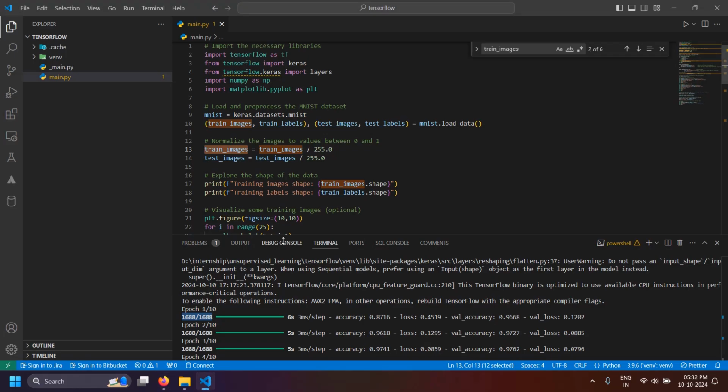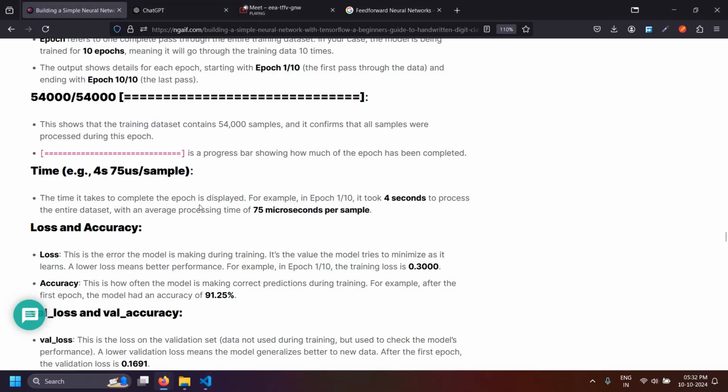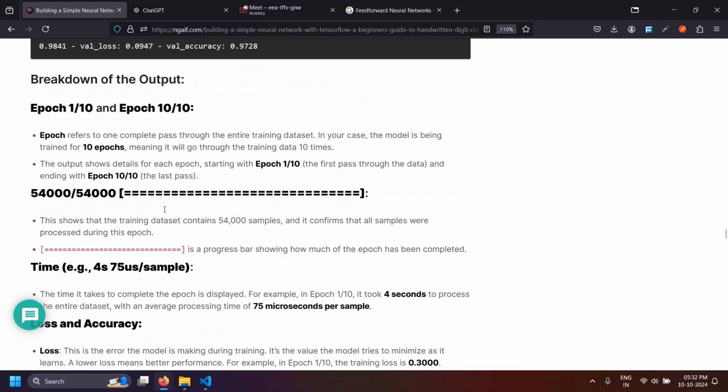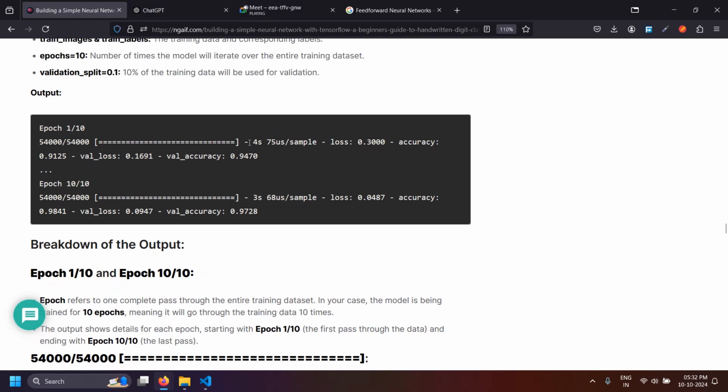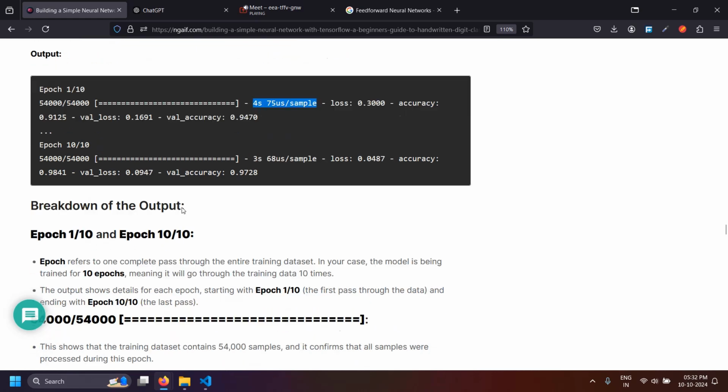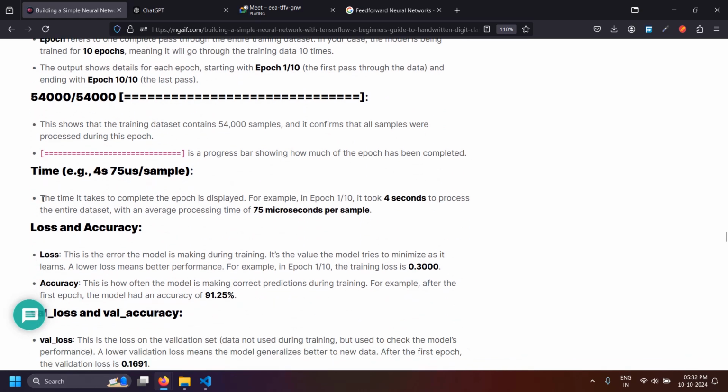Then comes the part of timing. Let's see, 6s 3ms per step. In this output, you can also see 4s 75us per sample. So how to read this? The time it takes to complete the epoch is displayed.